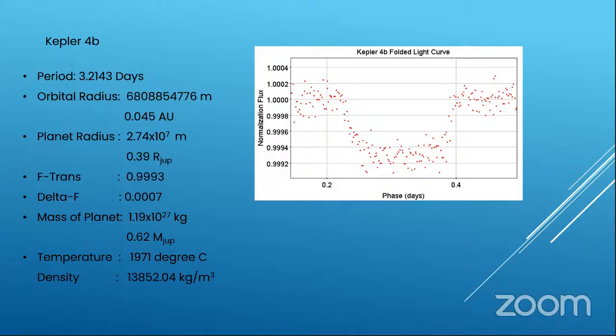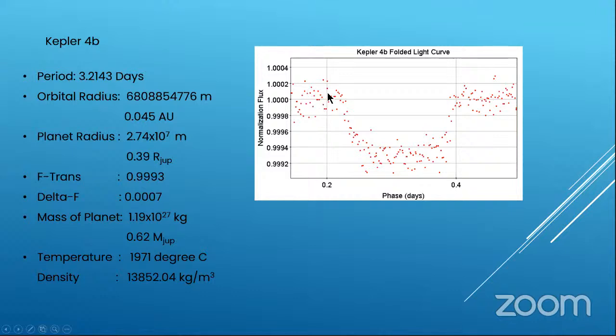I have been focusing on the exoplanet mentioned by Tim Hamilton sir, which is Kepler 4b. It has a different curve than most of the other exoplanets.